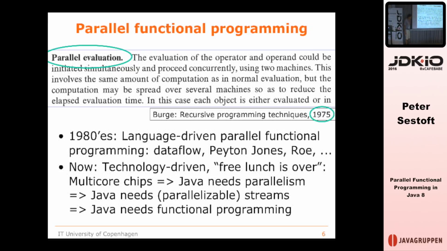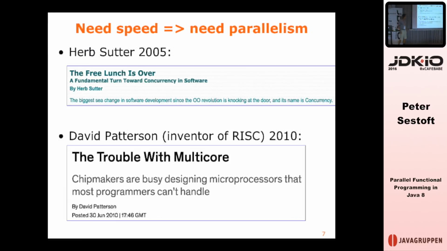But actually now we are in a different situation. We have a technology-driven push towards parallel functional programming. There's this famous paper from 10 years ago, The Free Lunch Is Over, by Herb Sutter. It basically says there is now a fundamental turn towards concurrency in software.